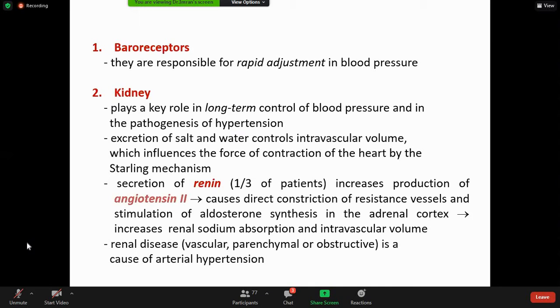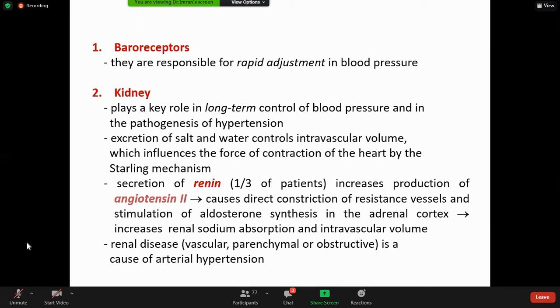This angiotensin causes direct constriction of resistance vessels and stimulation of aldosterone synthesis in the adrenal cortex. So the adrenal cortex, which releases aldosterone, is responsible for enhancing the reabsorption of sodium. This is important.